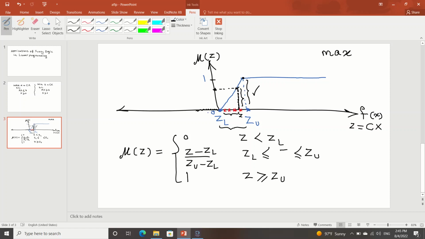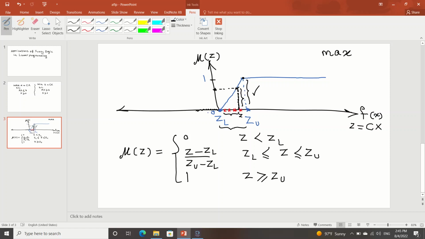Okay. So when Z is between ZL and ZU, the membership function of Z equals Z minus ZL divided by ZU minus ZL.